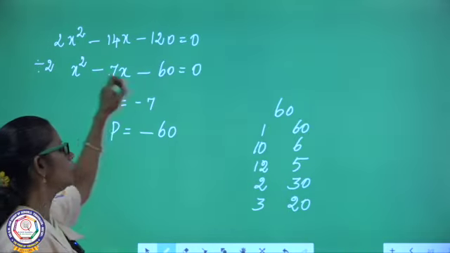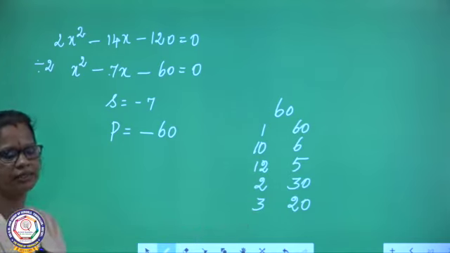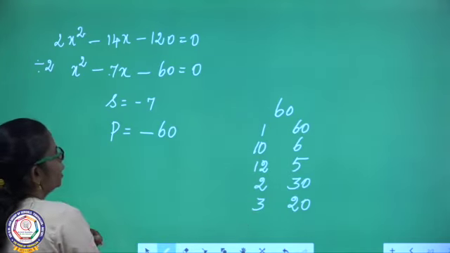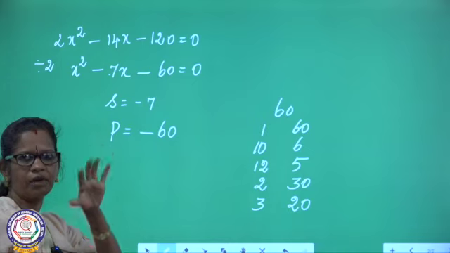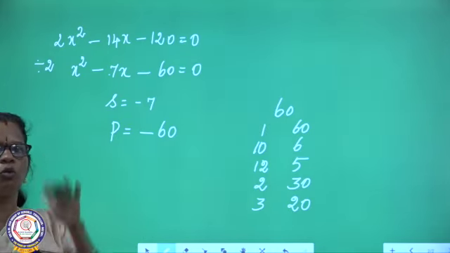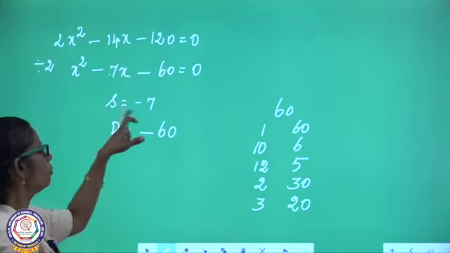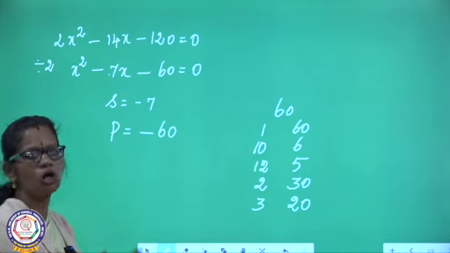Based on the sum, you should select the possibilities, as I said. What is the sum? Minus 7. You don't bother about the product; you have to concentrate only on the sum. Sum is negative and product is also negative.